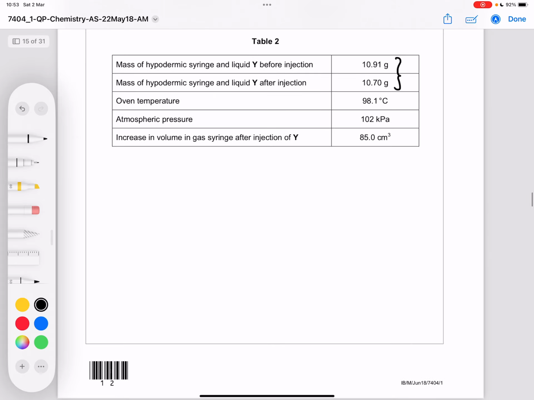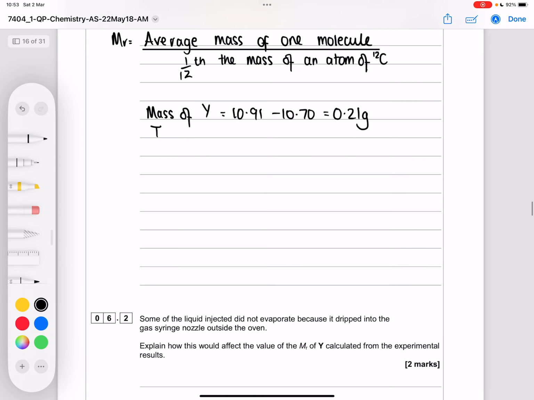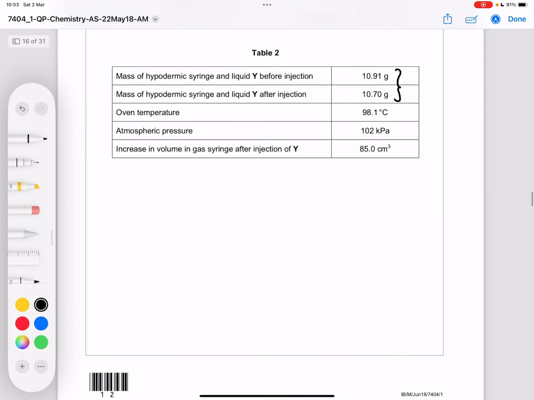That's the mass. The temperature, 98.1 degrees C. Let's turn that into Kelvin. So we're going to add 273. We get 371.1 Kelvin. And we've got the pressure.